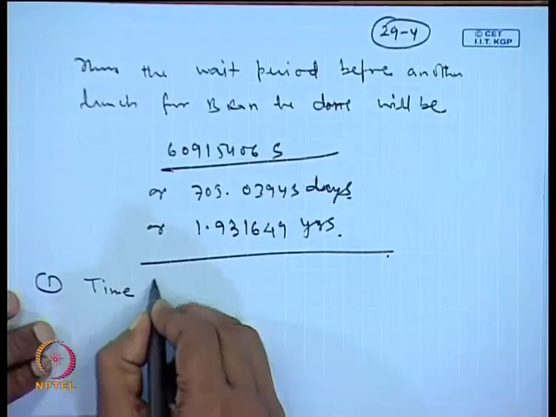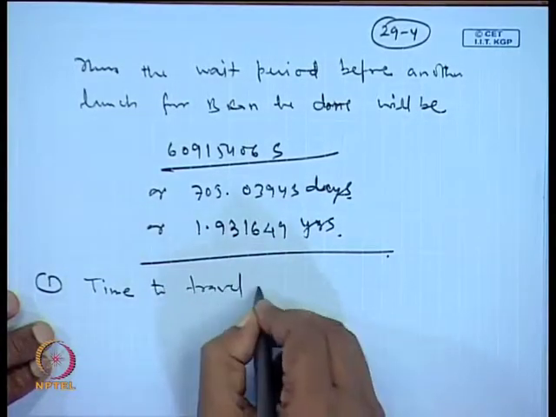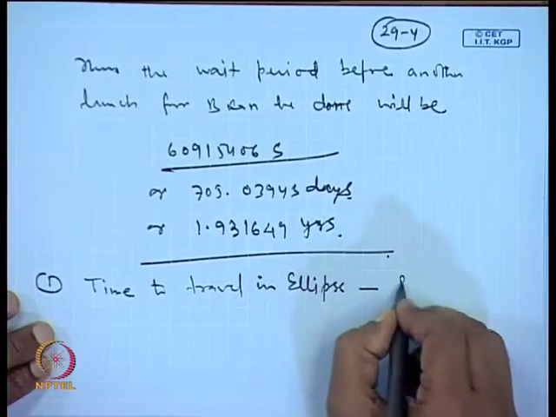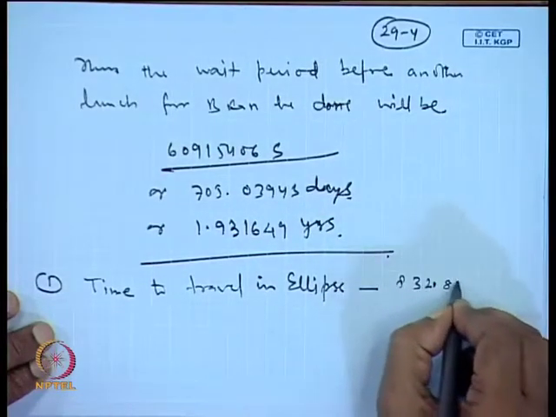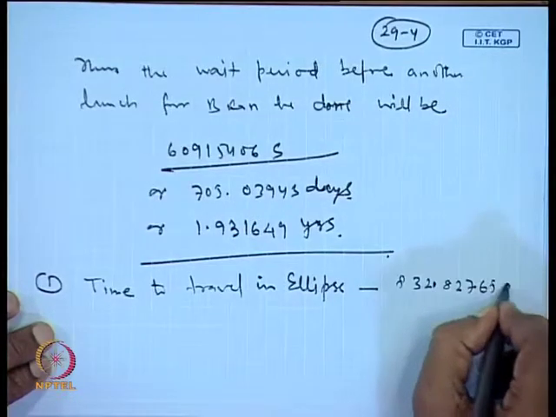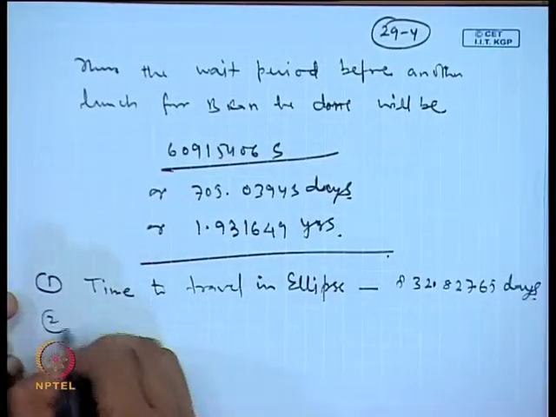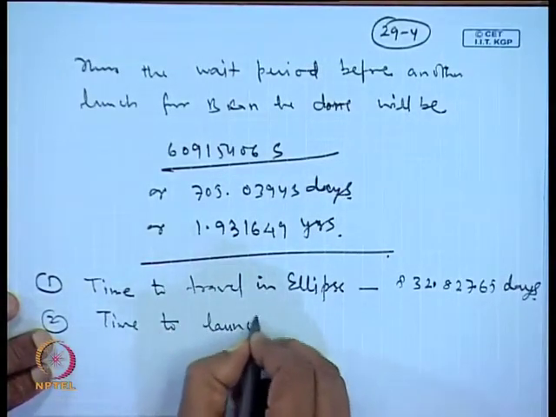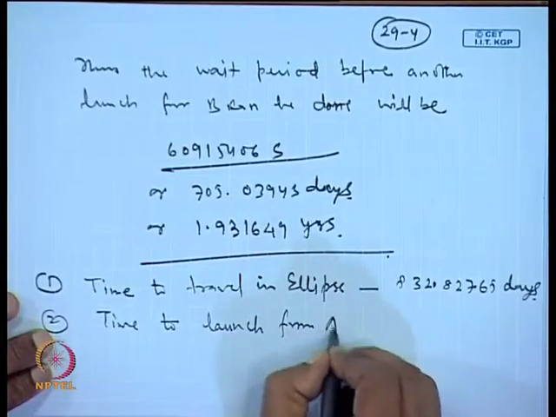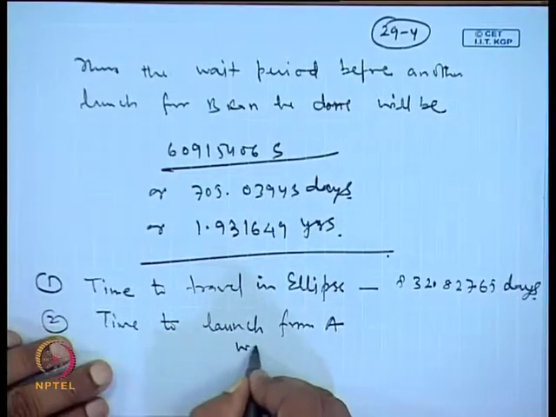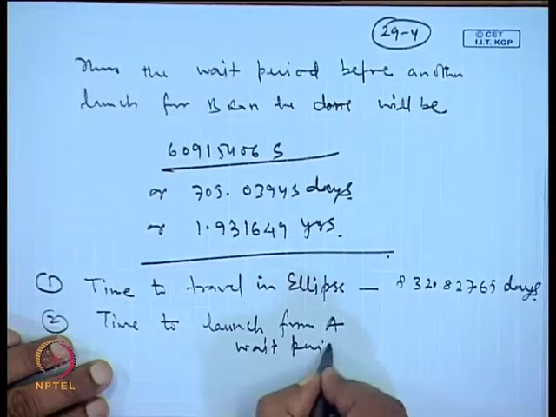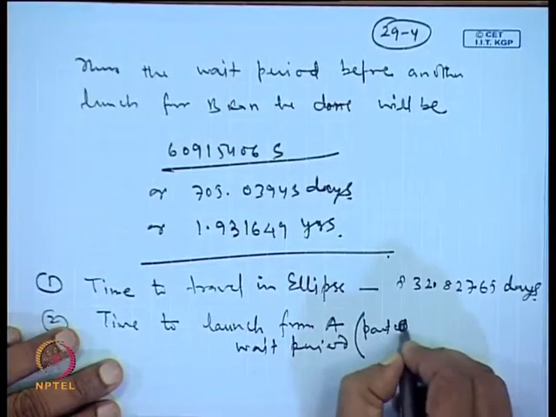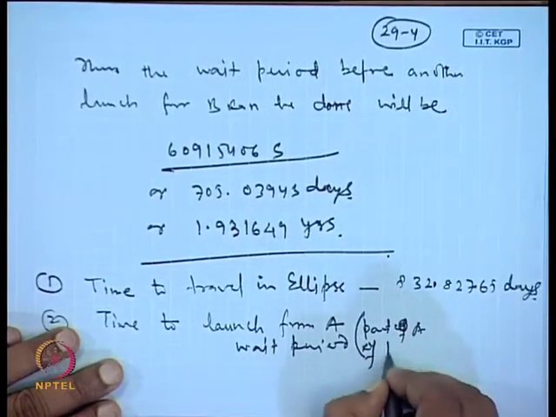So, what we have got: time to travel in the ellipse, this is 832.82765 days, and time to launch from A, so this is the wait period, part A of the problem.